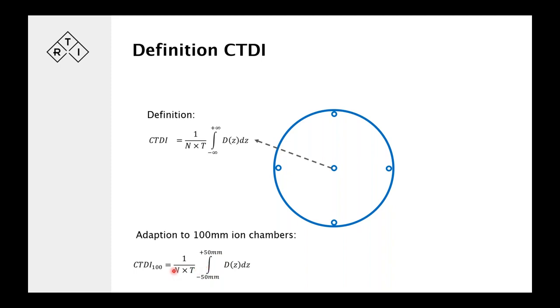That means that there will be dose tails inside the phantom that cannot be measured. So that's a bit of a challenge, using this method, a 100 millimeter ion chamber that saturates quite soon after that beam width. So there are other methods to calculate CTDI for beam widths above 40 millimeters. I will talk about that later on. We'll now assume narrow beams.